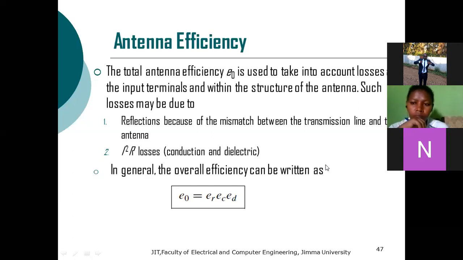We have assumed the transmission line to be lossless, whereas in the practical world, we can't have a lossless transmission line. So to have a general formula for antenna efficiency, I have tried to include the antenna loss, so that we have an expression for antenna efficiency which accounts for the reflection loss due to antenna mismatch.